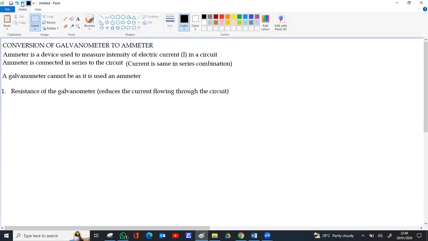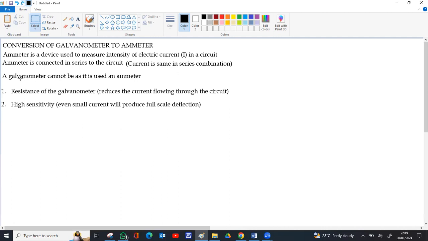Maybe 1 microampere or 1 milliampere current can produce full-scale deflection. So we cannot use a galvanometer for measurement of higher values of current. To summarize: one, it leads to error in the reading due to its resistance. Second, due to high sensitivity, it cannot be used for high current measurements, only for very small current, but still there is an error because of the resistance of the galvanometer.